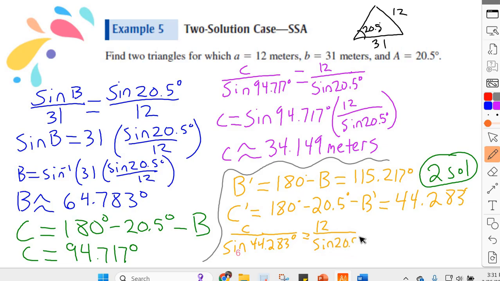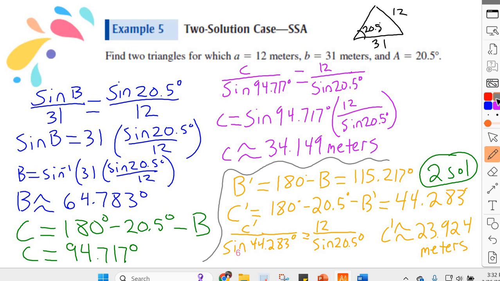So again, we would multiply by sine of 44.283, and what do we get for little c prime? This is now little c prime. Four, and we are again in meters.